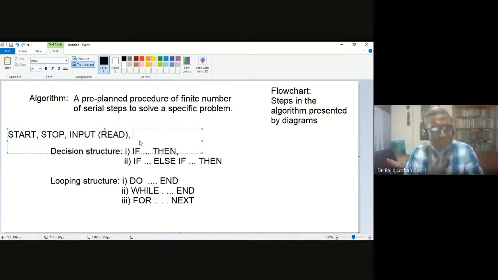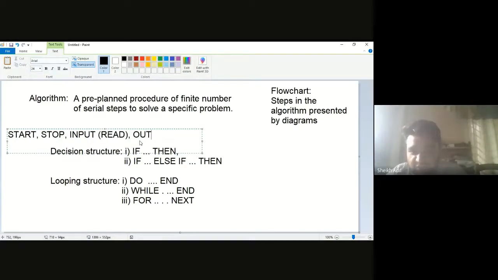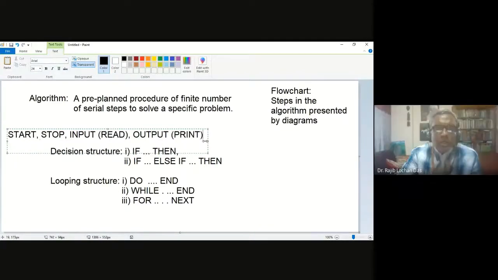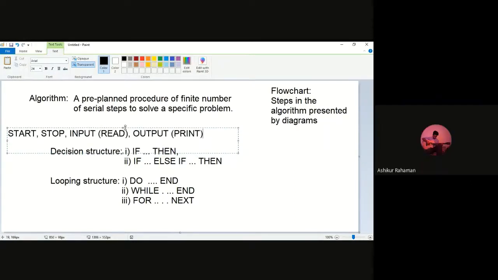So is it necessary, or can you not give it? If we don't give start and stop, then we have to give a start. Like, okay, we can also do it without start and stop, but then it will continue infinitely. Anyone has any other idea? Sir, is it not necessary to put start and stop in a program?